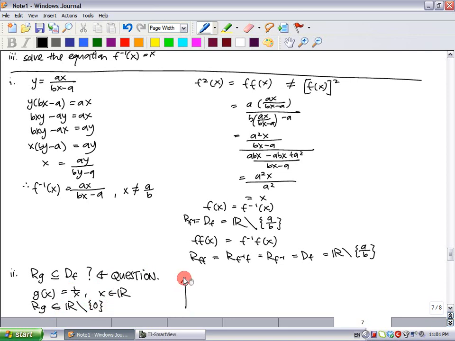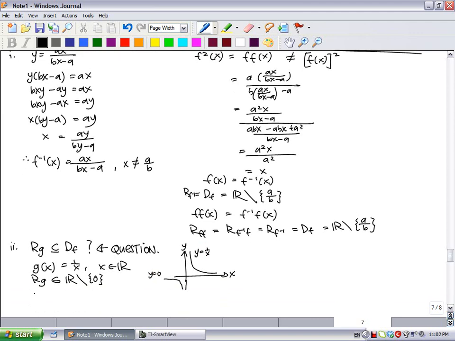For demonstration purposes, if you look at the graph of 1 over x, the only y value which it does not take is y equals 0, and that's because y equals 0 is an asymptote. Okay? And we have the domain of g being the set of real numbers, the domain of f being the set of real numbers without a over b.